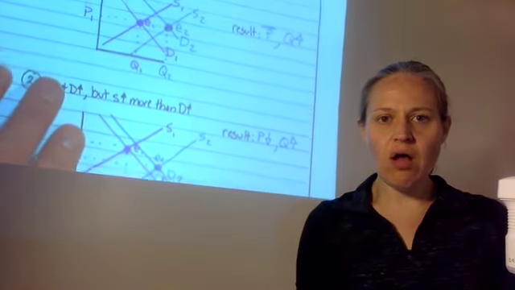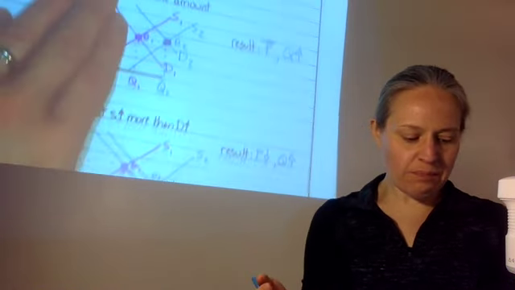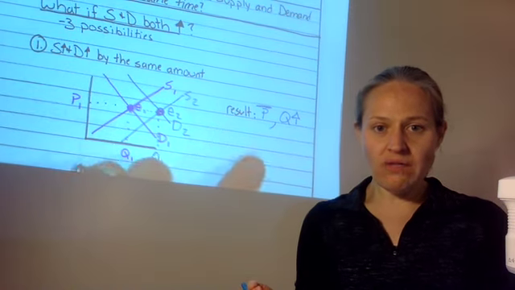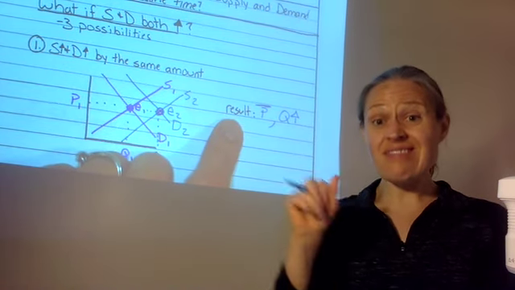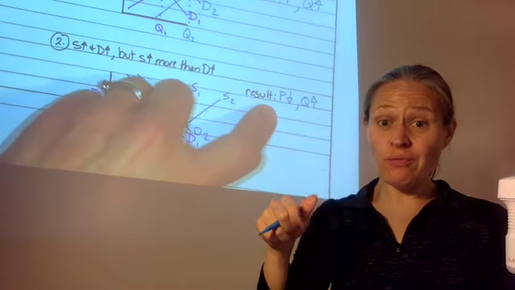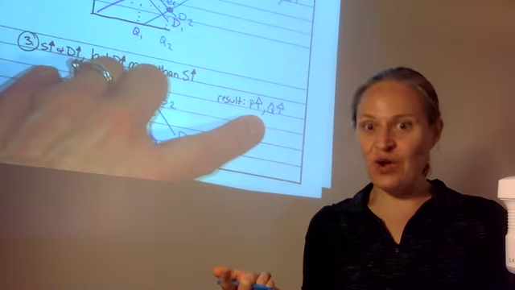Okay, now if we look at all 3 of these scenarios together, what if supply and demand both go up? I said there's 3 possibilities. One of the possibilities is that the price will stay the same, but quantity will go up. This one, price will go down, but quantity will go up. And this one, price will go up, but quantity will go up.